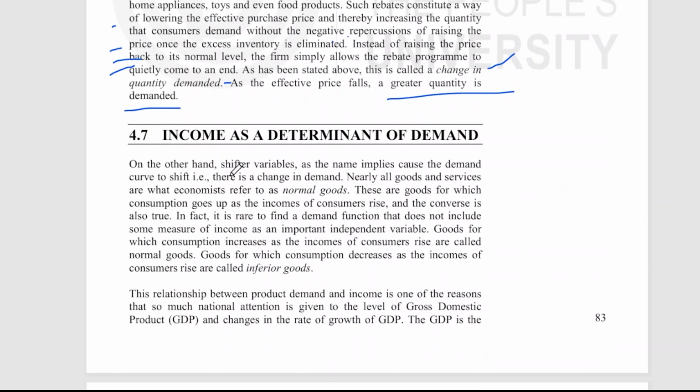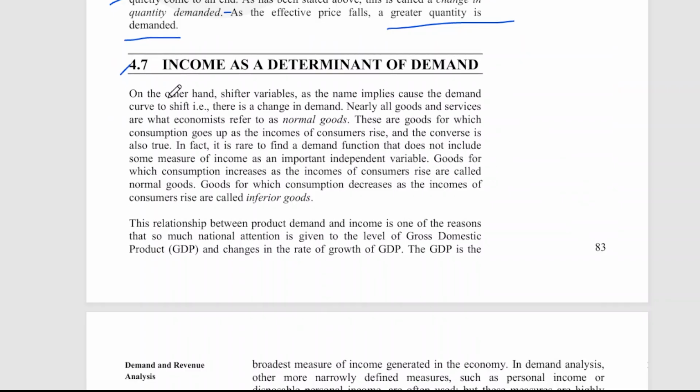Next is income as a determinant of demand. Shifter variables, as the name implies, cause the demand curve to shift. There is a change in demand. Nearly all goods and services are what economists refer to as normal goods. These are goods for which consumption goes up as the income of consumers rises, and the converse is also true.